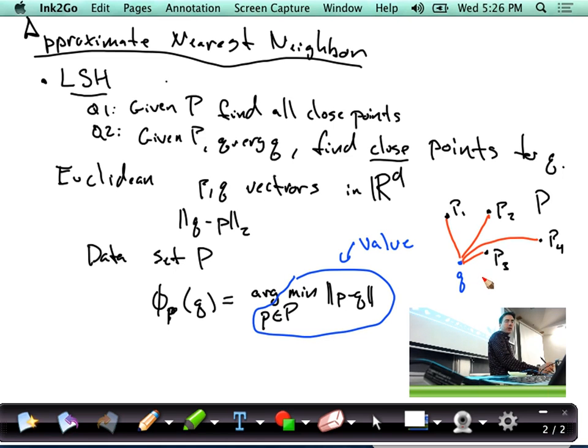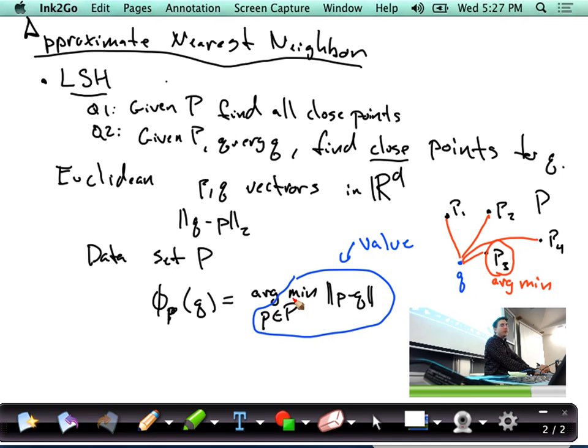So this distance here is the minimum value, the min over all the points P in the set. The argmin is the actual point, so the argmin would return this point P3. It's the argument which minimizes this function.